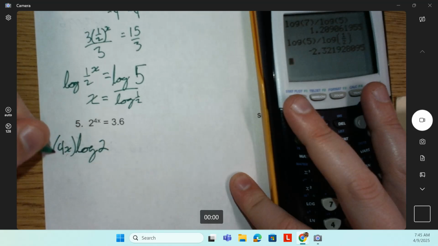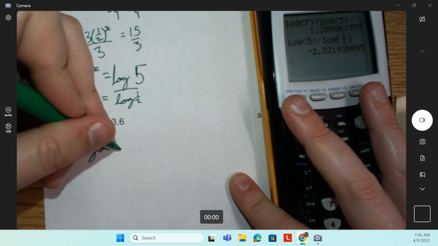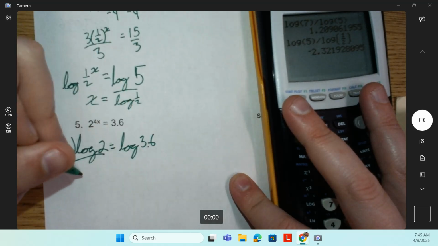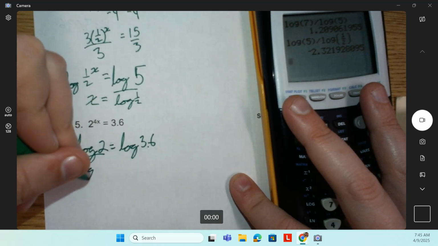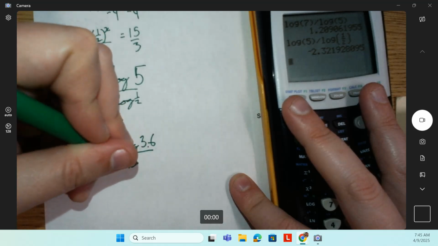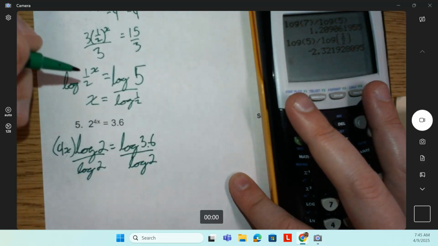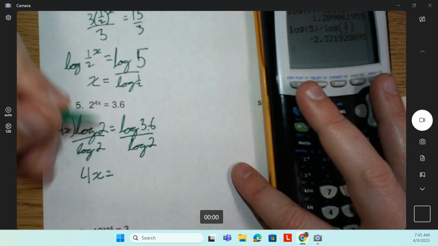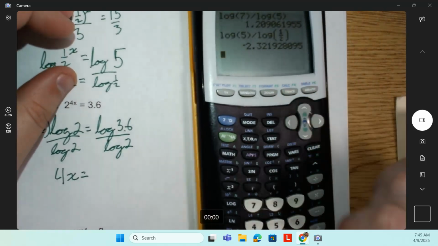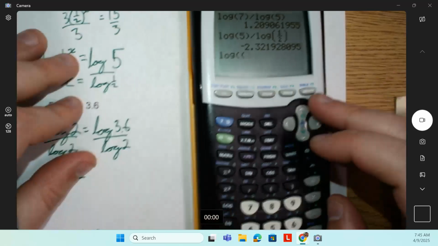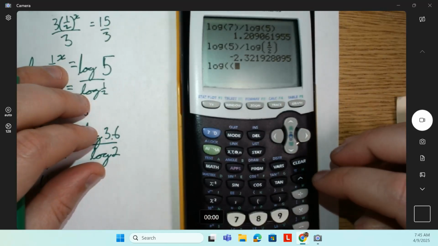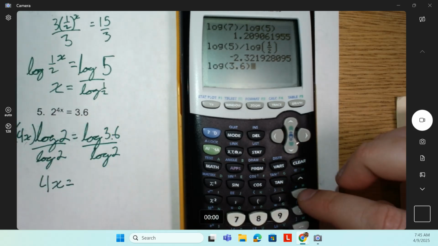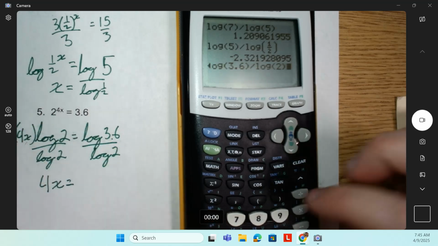So 4x times the log of 2 equals the log of 3.6. And we end up with 4x equaling the log of 3.6 divided by the log of 2.